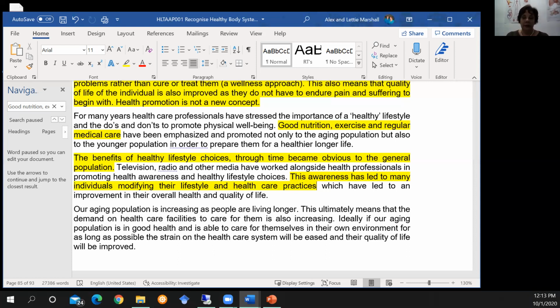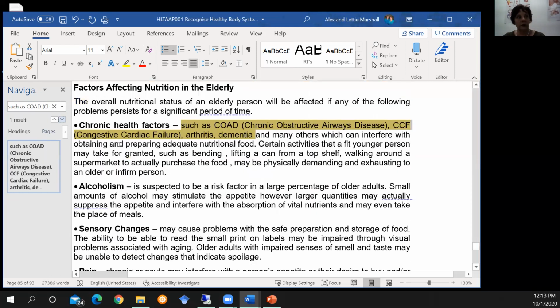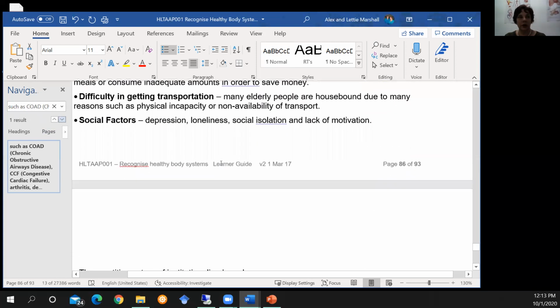So, question 18. What are the factors affecting the elderly? On the bottom here, under diet. Yeah, I think you might be right. Those are the chronic factors that affect the elderly, on page 86.